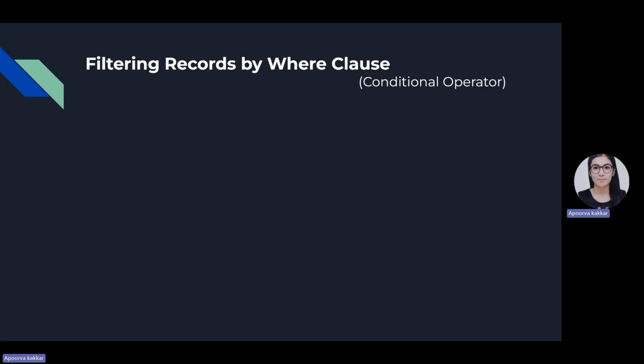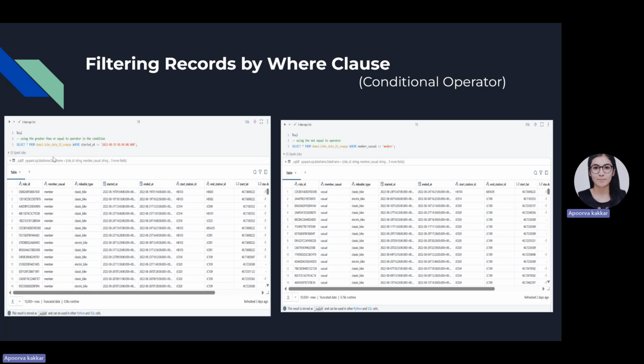Now, moving forward to conditional operators other than equal to, like greater than or equal to, or not equal to. Here we have written SELECT all the values from this table WHERE started at contains a date which is greater than or equal to this particular date timestamp, which means that it will return all the records which have a date that comes after this particular timestamp.